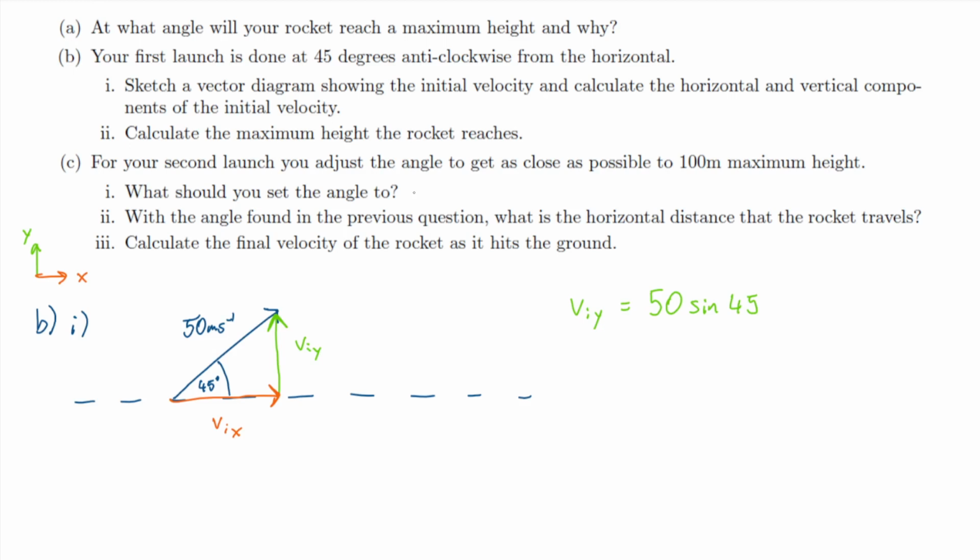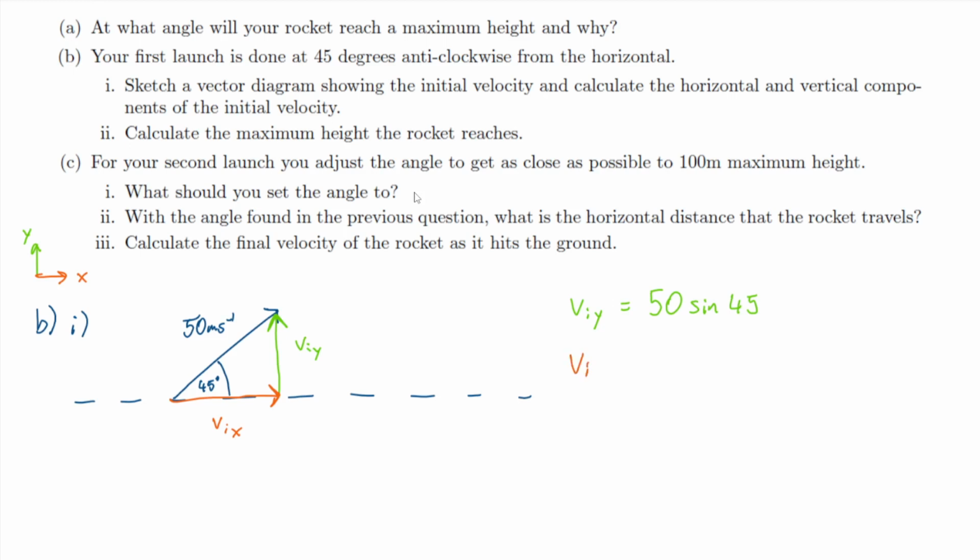Now where does this come from? Back to right angle triangle trigonometry. We have the angle, we're looking for the opposite, and we know the hypotenuse. So sine of the angle is equal to opposite over hypotenuse, where opposite is Viy. Rearranging by timesing by 50, we get Viy equals 50 sine 45.